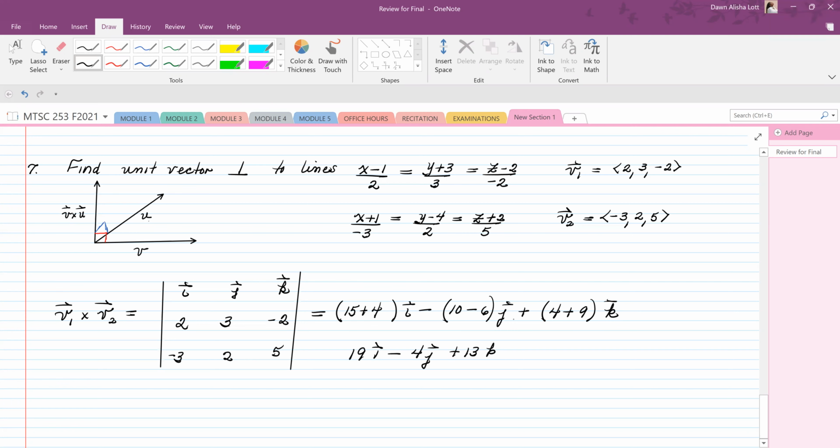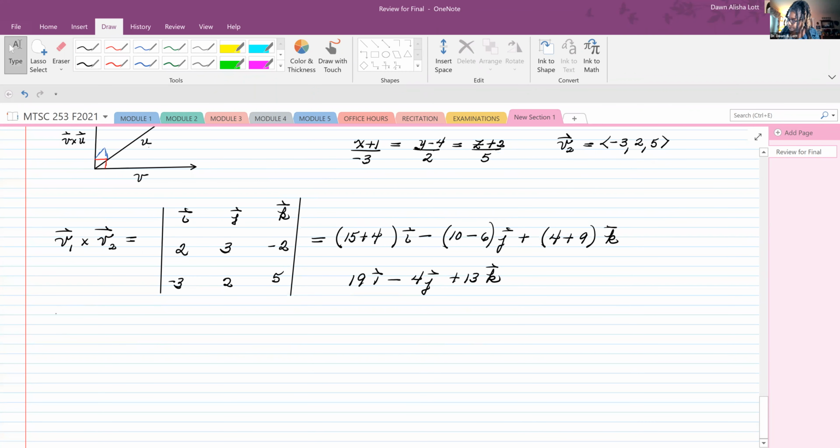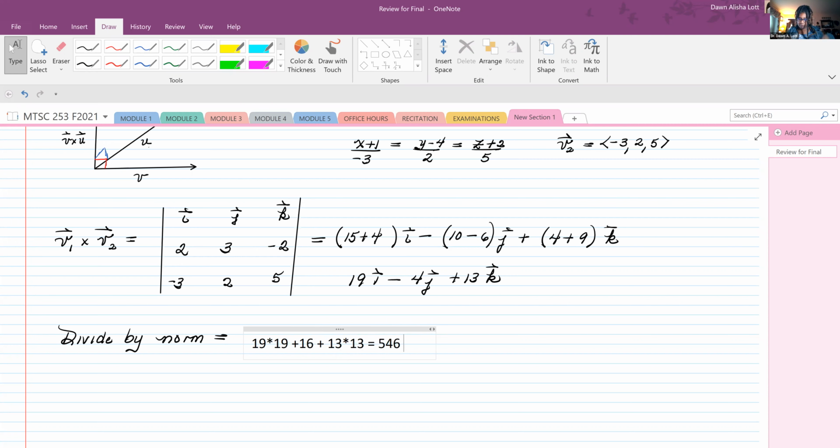Yeah, okay. I was just making sure because I always get confused. Now you want a unit vector, so you have to divide by its norm. So you get 19 squared plus 4 squared, which is 16, plus 13 squared. Whatever it is, that's 546.